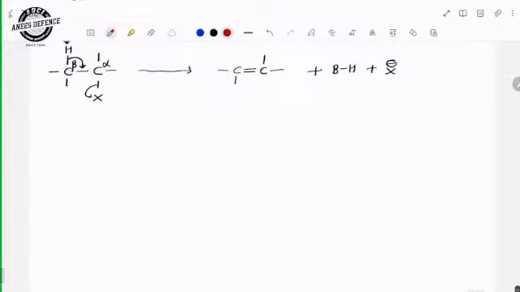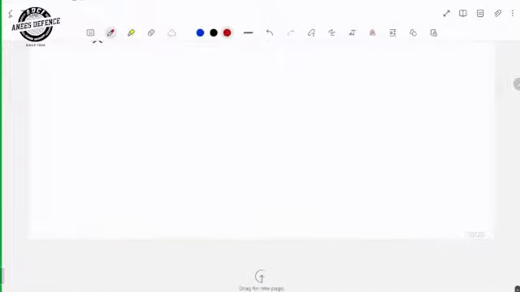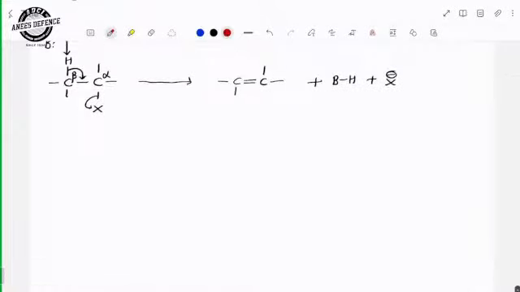Now let us see one example. Even in elimination reaction, there are two types of elimination. Can you tell me? Do you remember any type of elimination?